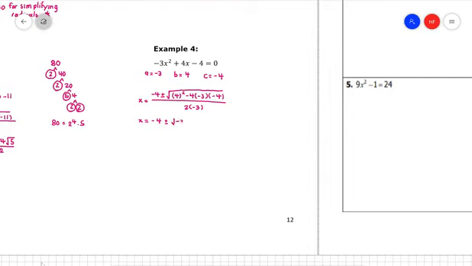Something that I say often in my classroom when we have things like all of this underneath the radical is don't be a hero. So don't try to do all that in your head. Don't think, well, I'm going to do 16 minus 12 times -4.